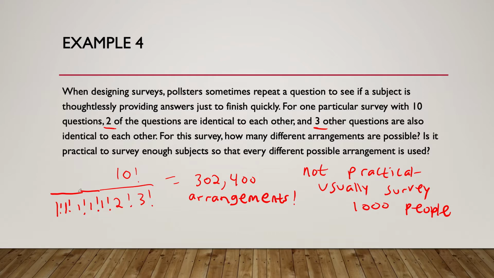So technically speaking, our calculation is 10 factorial divided by 1 factorial times 1 factorial times 1 factorial times 1 factorial times 1 factorial times 2 factorial times 3 factorial. But again, all these 1 factorials are just 1, which is why they're not needed to be written out exactly. But since there are 302,400 possible arrangements, it's usually not practical.